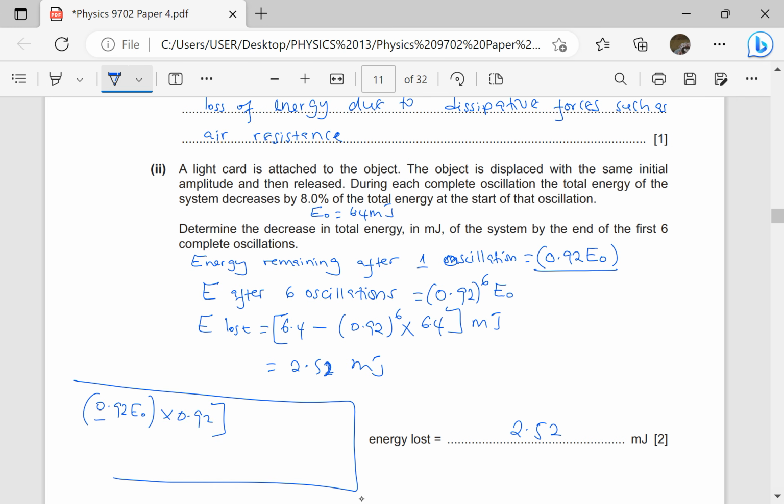After another oscillation, it will again be 0.92 of what is there, again times 0.92 of what is there. This is first oscillation, second, third, fourth, fifth, then times again 0.92 of what is there. So that is the same as having 0.92 power 6, then times 6.4. This is just for somebody who doesn't do math.